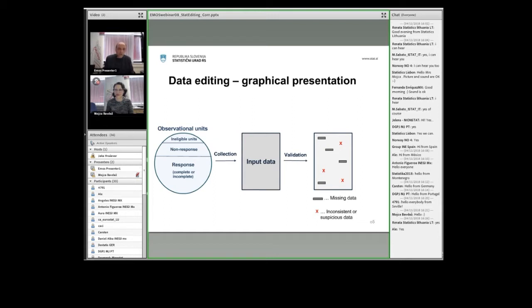So we will mostly talk about post-collection editing. When we have data, we want to validate them, and then we want to get rid of most of these, let's say, strange things in the data. Okay, this is the situation that we are facing. We start with data editing.